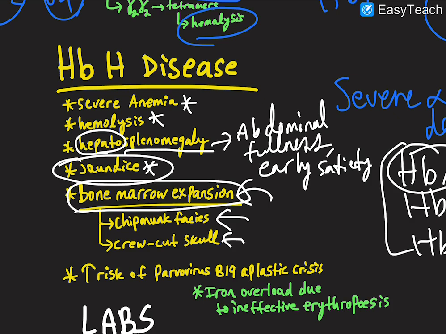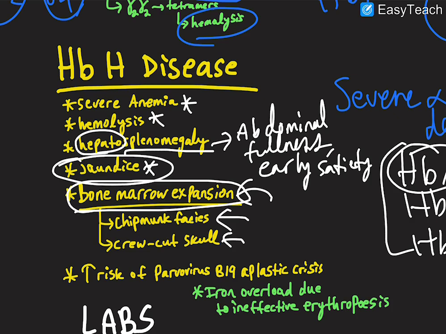And on top of that, because of the abnormal hemoglobin, you get Heinz bodies. So you get beta tetramers that precipitate, which are Heinz bodies that damage your red blood cell membrane, that goes to your spleen, and you get extravascular hemolysis, which leads to jaundice, like we said, and splenomegaly. So if you're getting ineffective erythropoiesis because your bone marrow is not able to produce adequate and functional red blood cells, and you're also hemolyzing red blood cells in your spleen, then someone wants to start to take over.